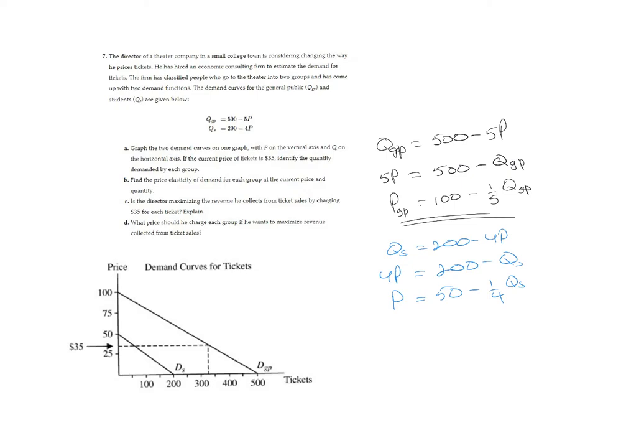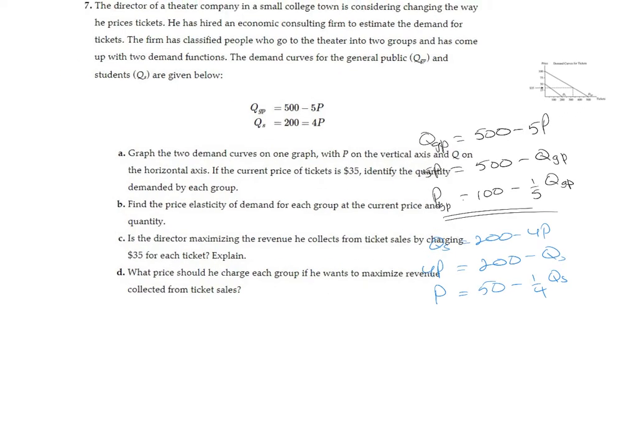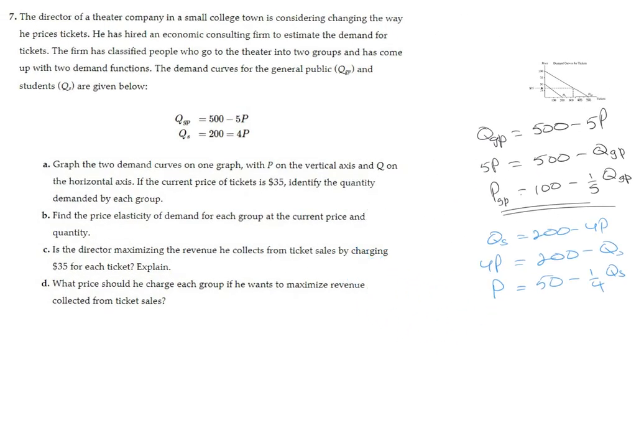Now, part B of the question asks us to plot and find out what is the quantity demanded when price is 35. So we can work on both these graphs. It doesn't matter which equation we work with. So let's work with the original demand function to calculate the quantity demanded by general public and the quantity demanded by the students when price is 35.